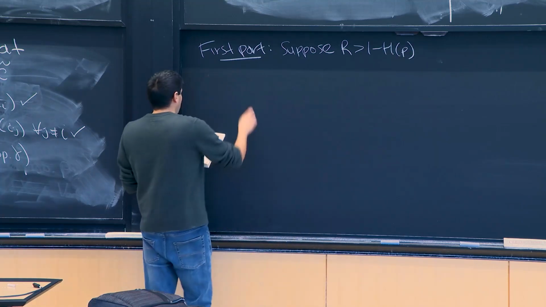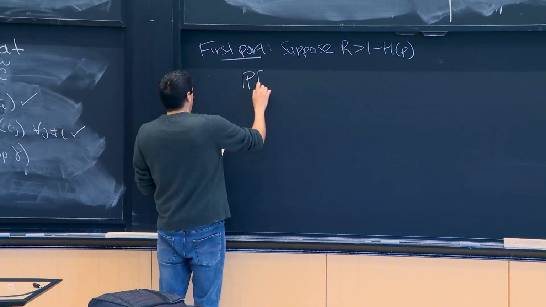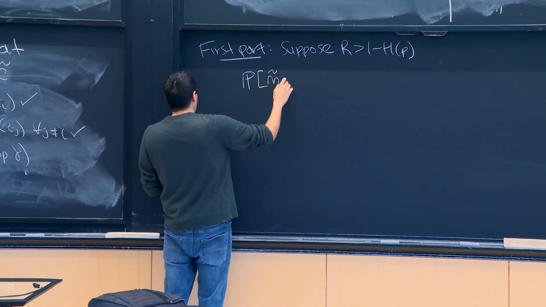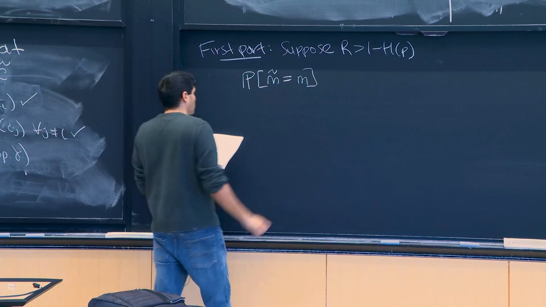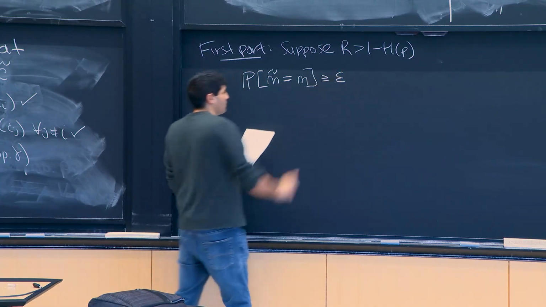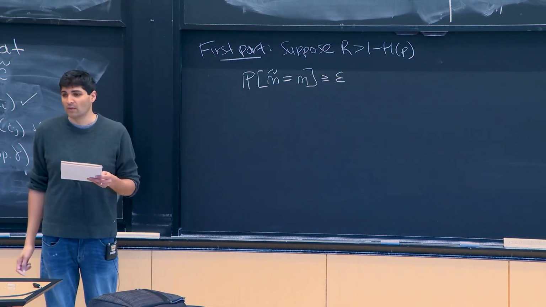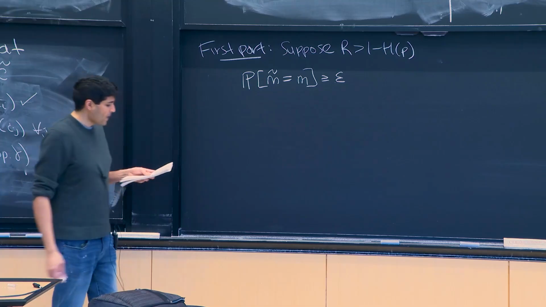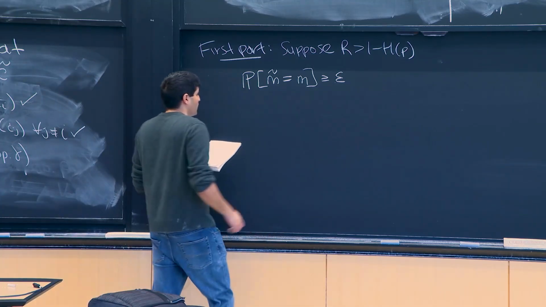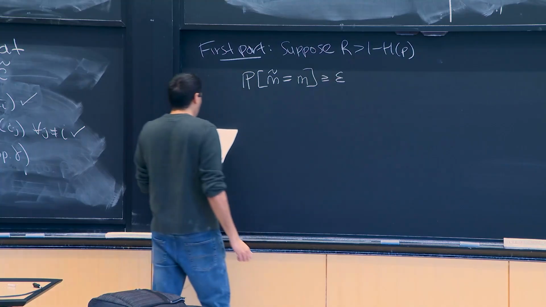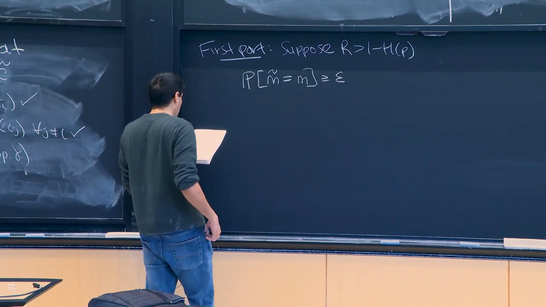And suppose, for the sake of contradiction, that it really wasn't such a bad coding scheme. Maybe the probability that it successfully decoded the message is at least some epsilon, like 0.01, let's say. What we're going to argue is a contradiction, that the rate really cannot be this large.